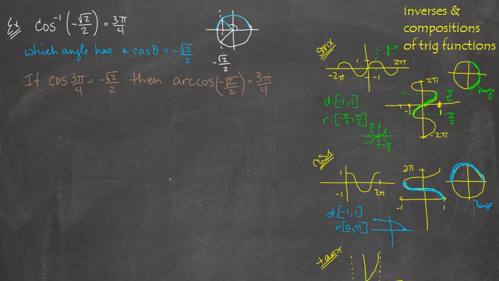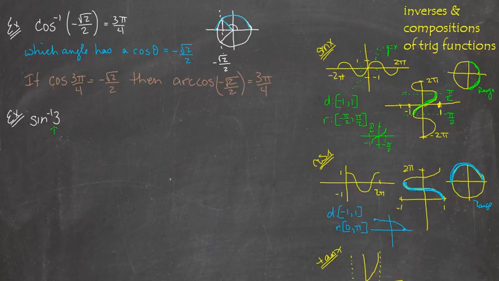Let's do another example, this time with sine. Let's do the inverse sine of 3. That means what angle gives me an output of 3? Or specifically, which angle gives me a sine value of 3? I don't even have to go that far though, because check this out.